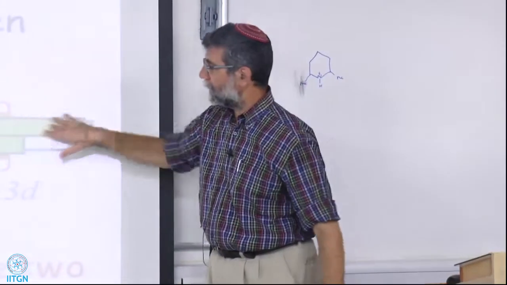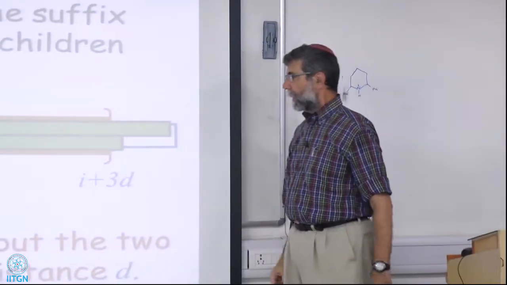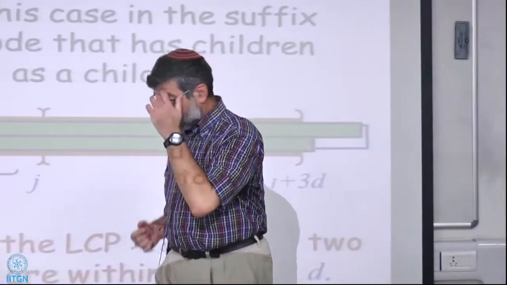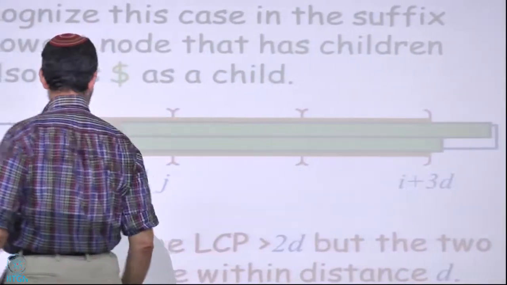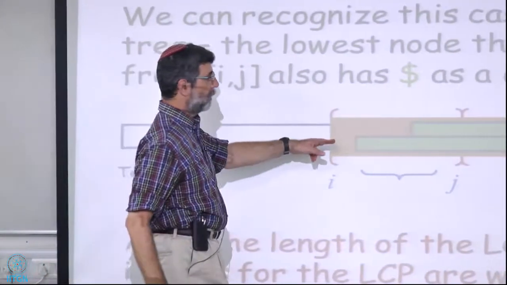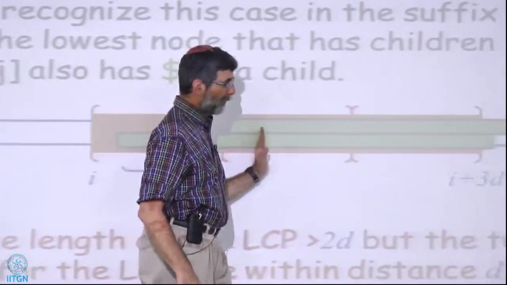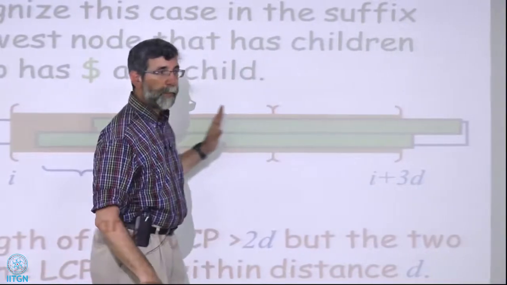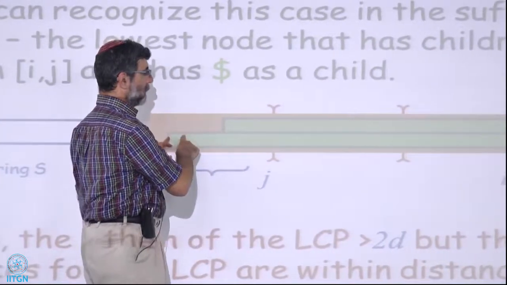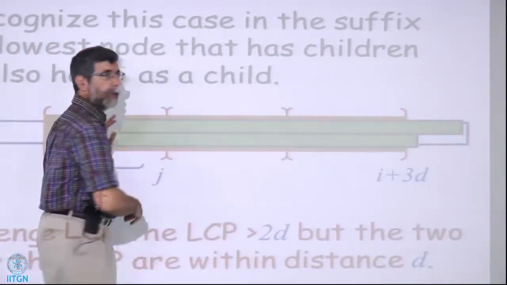And past this, it could go on, and we don't know how far it goes on. Now, we also know something else, that the length of the LCP is greater than 2D, because we started here in the first D, the suffix tree went on for 3D, and the LCP actually extends beyond that. So it means that the LCP is in fact longer than 2D.